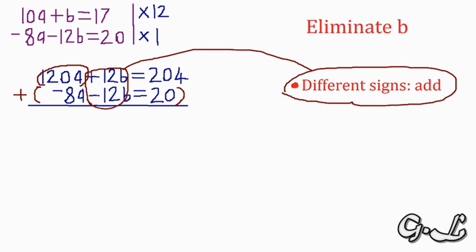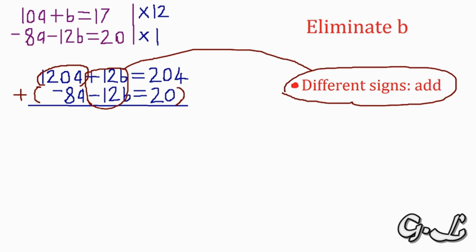Positive times negative 8a gives you the negative, so it is going to be 120a minus 8a, and it will give you 112a. Again, 12b plus negative 12b gives the value 0. Next, 204 plus 20 gives you 224.